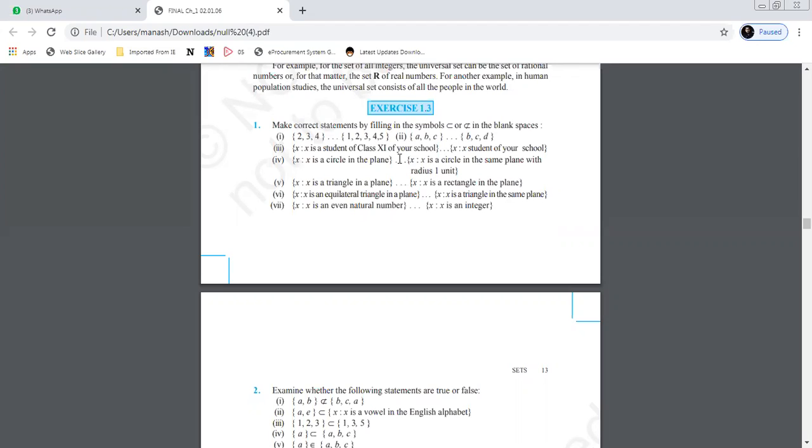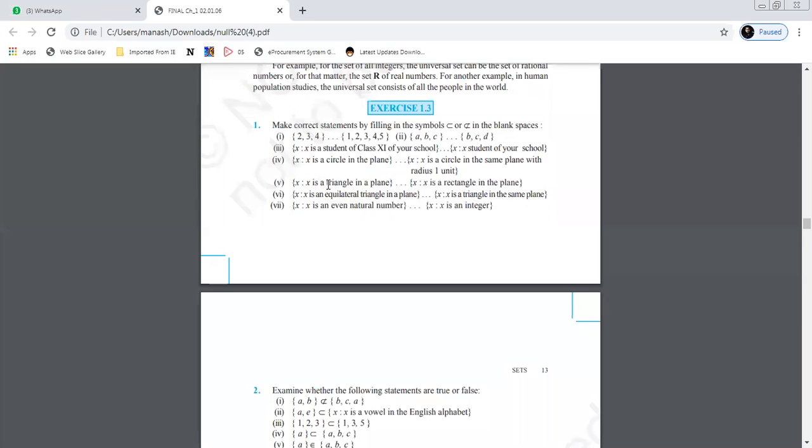No, sir. It is not, because the second one is a subset of the first one. The first one contains all these circles, whether the radius is 1 unit or 2 units or some other radius. So obviously the first one is not a subset of the second one.